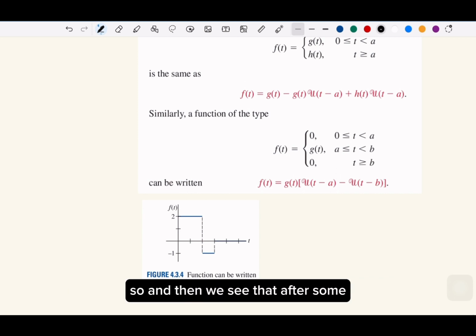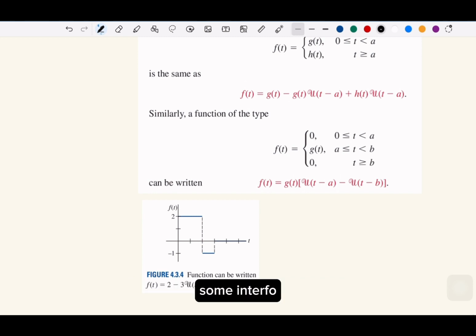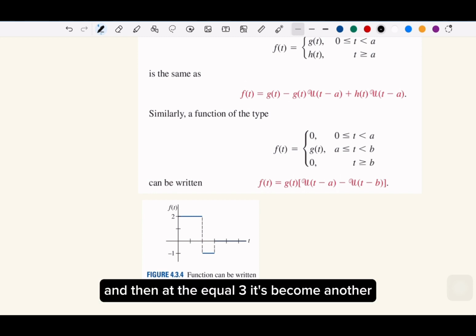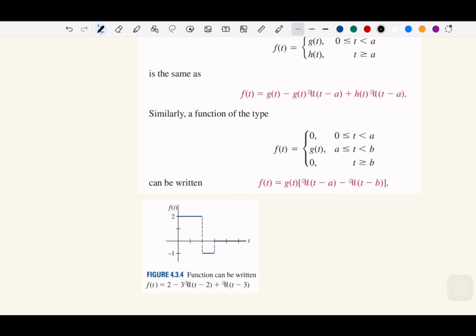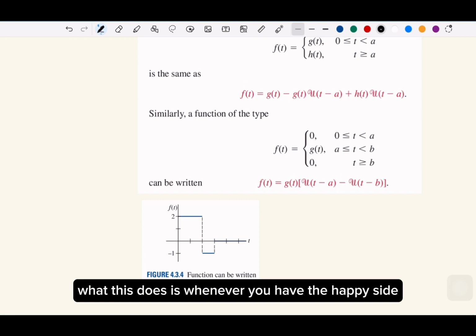And then after some interval, at t equal 3, it becomes another 0, right? So basically, what this does is whenever you have the Heaviside, that will be taking your functions to these positions.